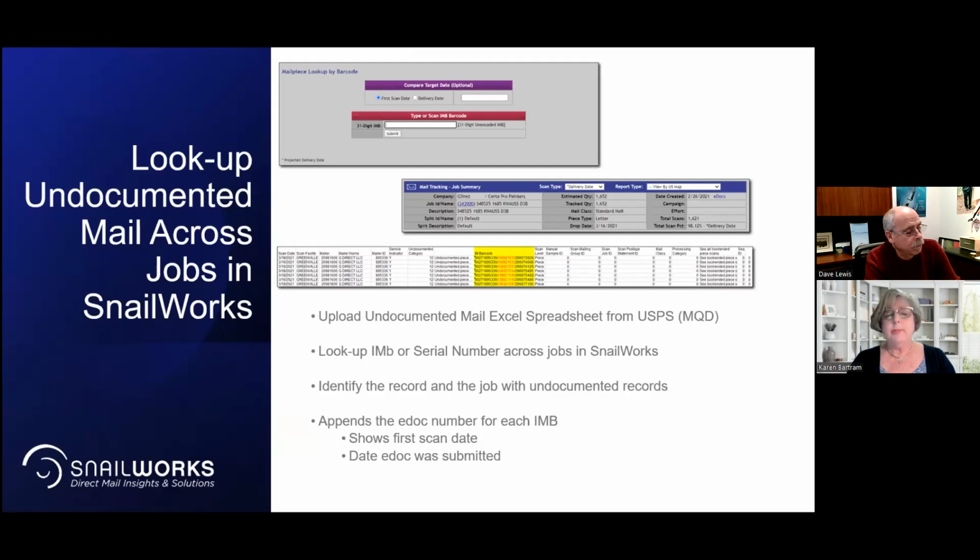This tool will help you dig into that. This is a service that is not enabled automatically in your account. You'll work with a SnailWorks representative to get it set up. Essentially, the first step is you'll want to start receiving your mail quality data from the post office on a regular basis.